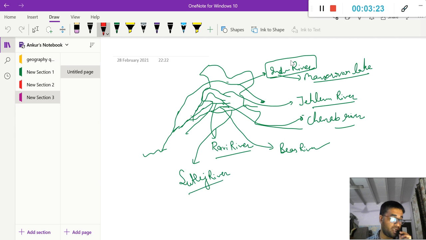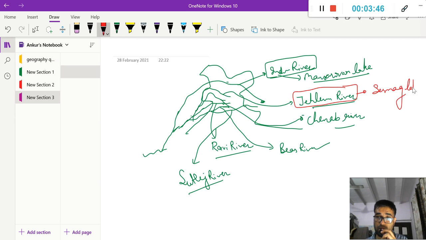Now we will see each river separately. So first of all, Jhelum River originates from the Sesnag Lake, and this is also sometimes called Verinag.